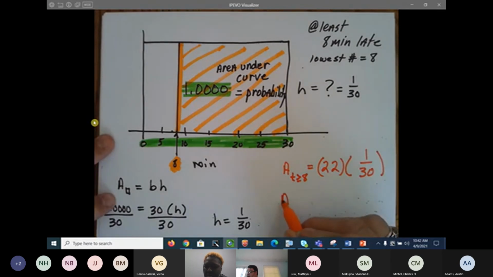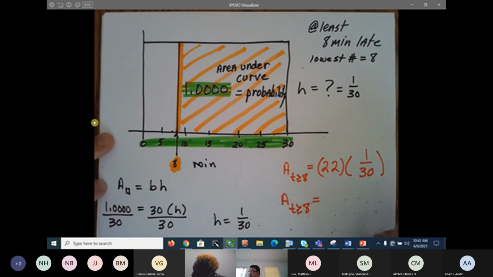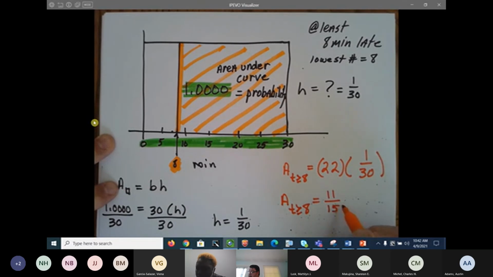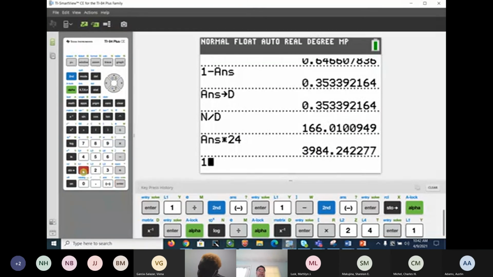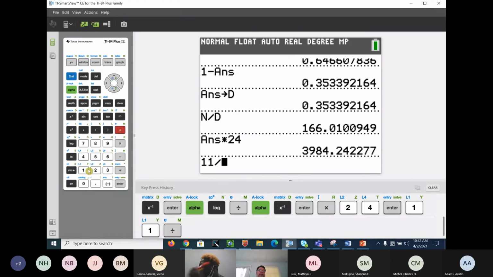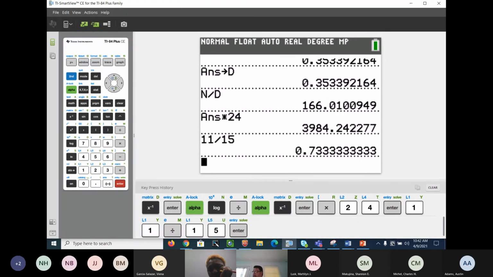And the area of t greater than or equal to 8 minutes is equal to 11 over 15. And I have no idea what that is, so I'm going to take my handy dandy calculator. 11 divided by 15. 0.7333... meaning it's repeating.